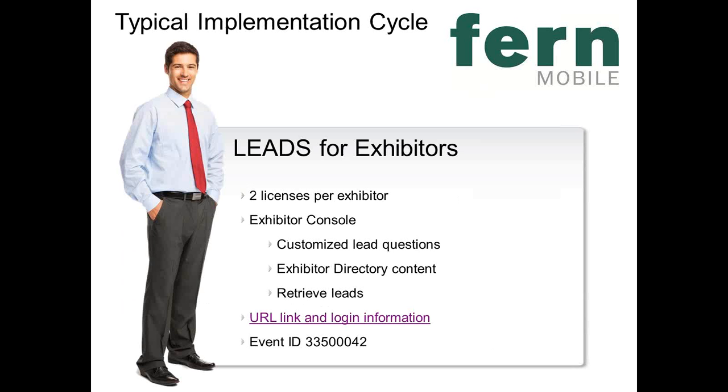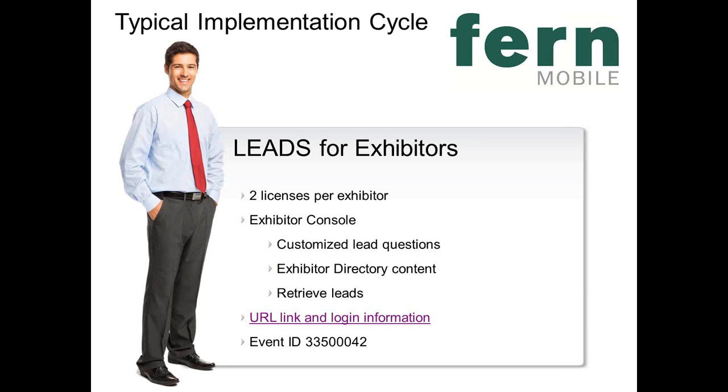Some of the information that you'll need to know is that the way this has been set up is that each exhibitor will have 2 licenses, which means that you can download the app and get access to the leads icon on 2 different devices being used by your organization.